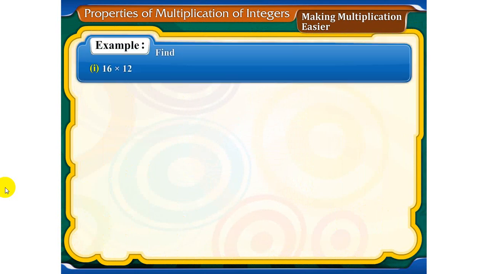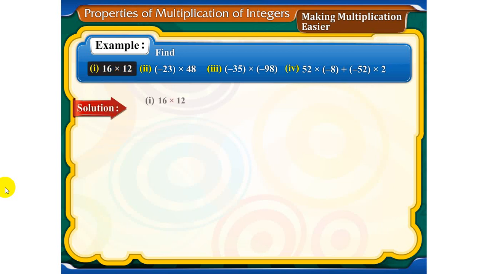Find 1. 16 multiplied by 12. 2. Negative 23 multiplied by 48. 3. Negative 35 multiplied by negative 98. 4. 52 multiplied by negative 8 plus negative 52 multiplied by 2.